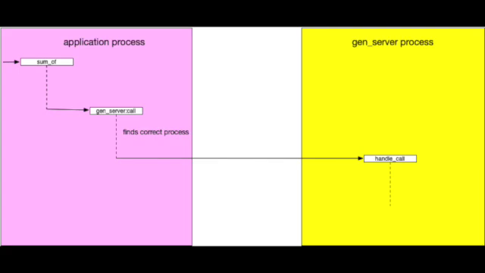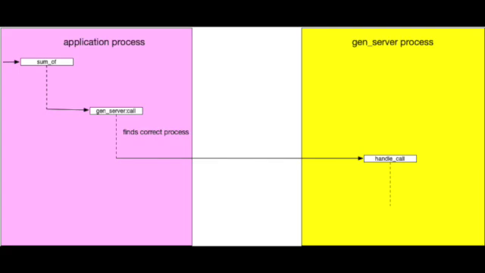That is a function that belongs to the gen server behavior, and one of its main purposes is, as you can see right there below where it says gen server call, it says finds correct process. So part of its job is to find the process that is executing the code for the appropriate gen server.